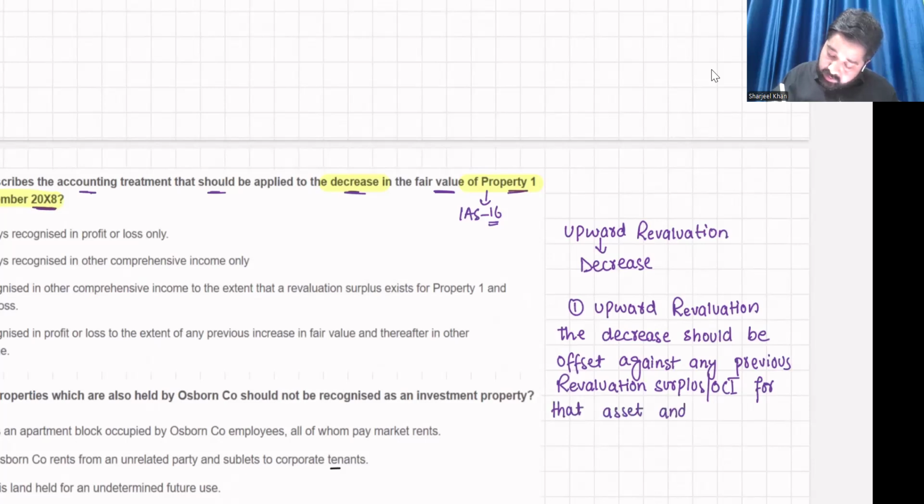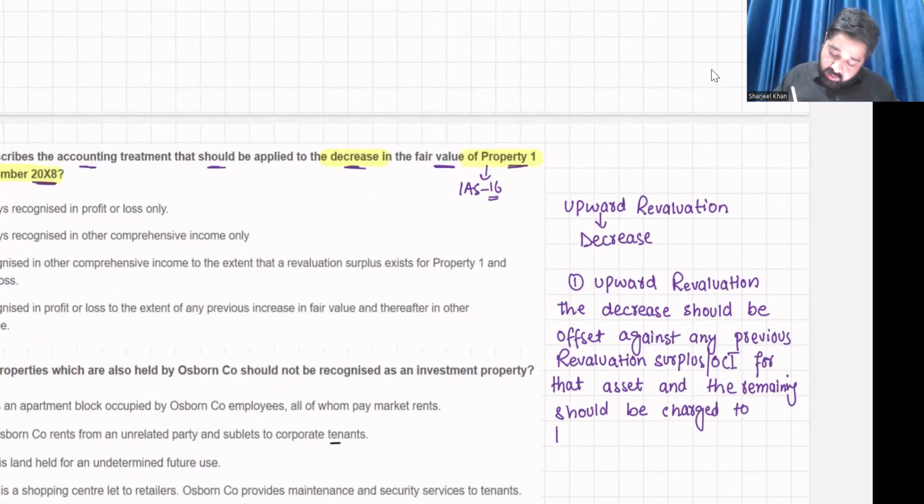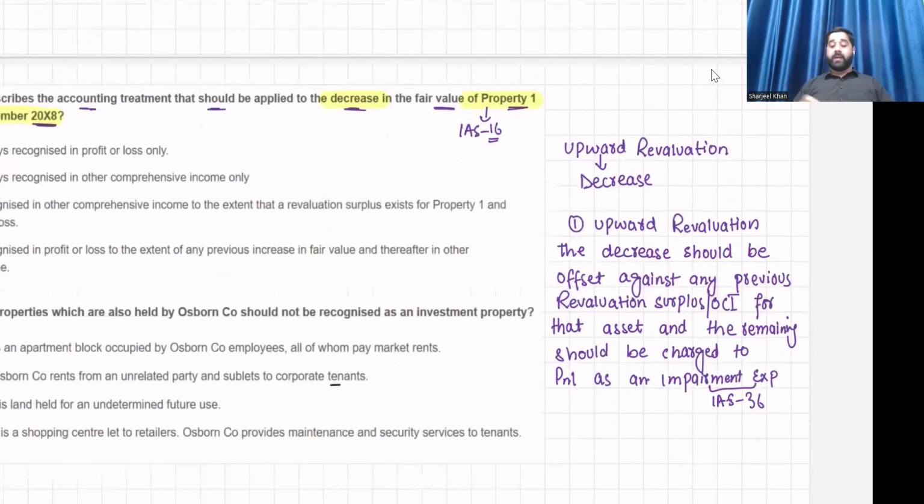and the remaining should be charged to profit or loss as an impairment expense, and the impairment expense standard is covered by IAS 36, right?